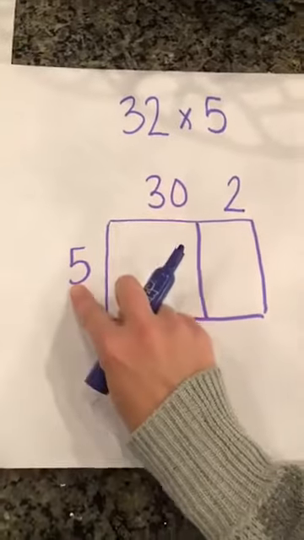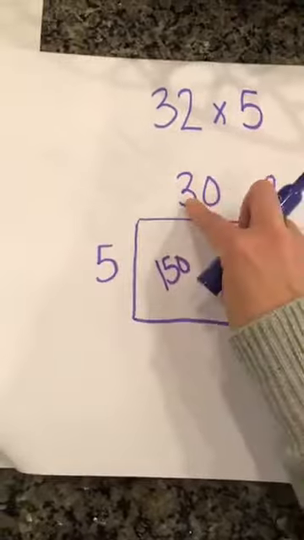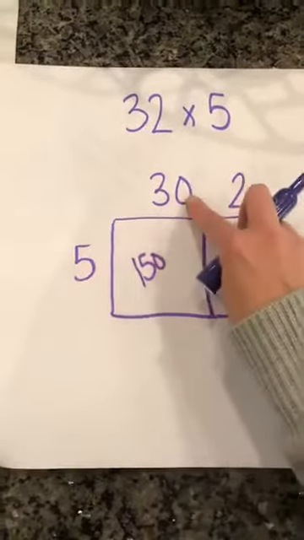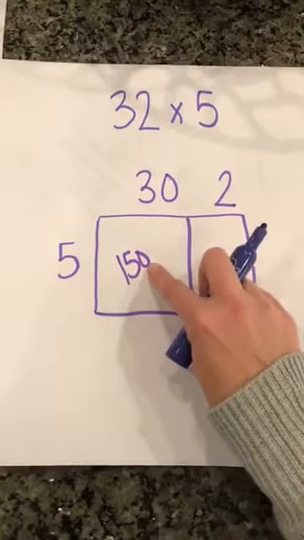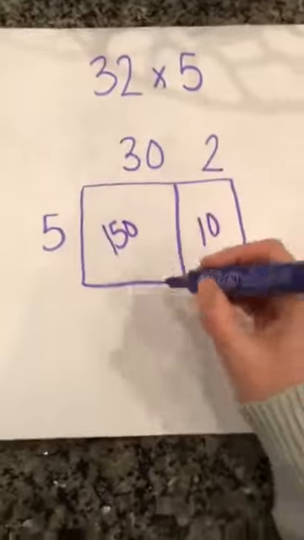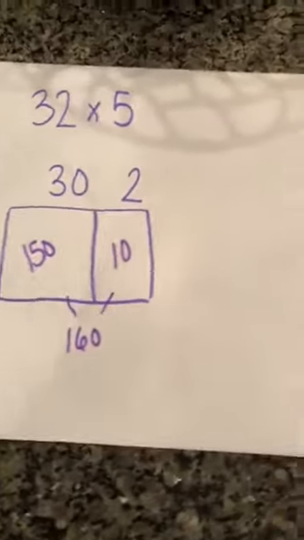That's 30 5 times. And they should know 3 times 5 from 3rd grade to help them with 15. And they know that it's a multiple of 10, so therefore it's 15 tens. And then 2 times 5 is 10. Combine them together, 160.